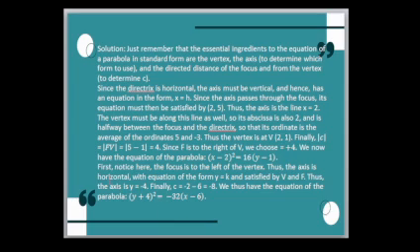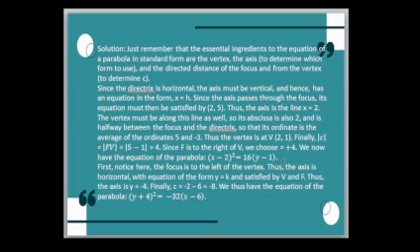And first, sa example 2 po, we have noticed here that the focus is to the left of the vertex. Okay, with vertex at (6, negative 4), and the focus is at (negative 2, negative 4).